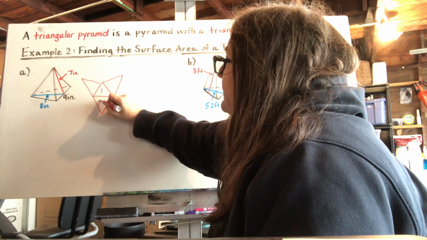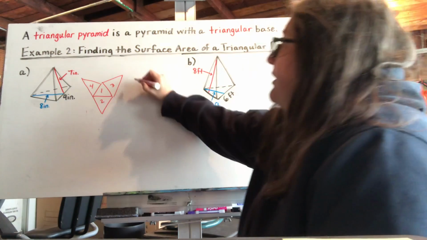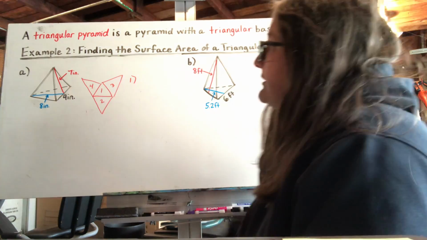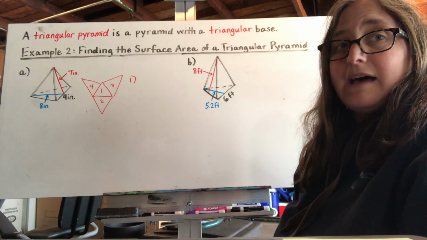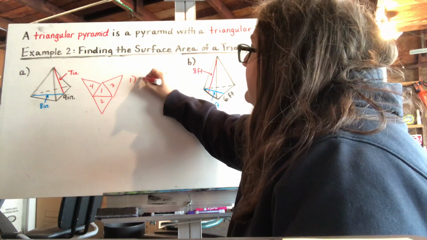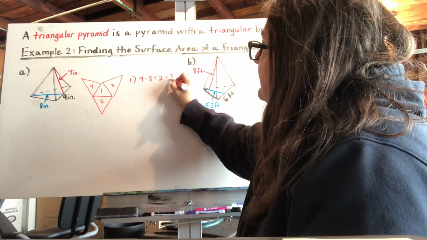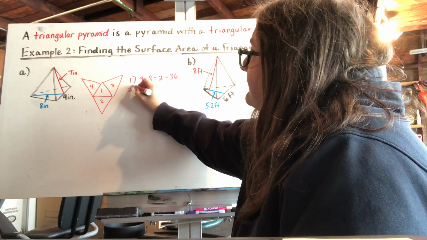So I'm going to label them 1, 2, 3, 4. Okay, so the first one is the guy in the center, the equilateral triangle, and that guy has a side of 9 and a height of 8. So I'm doing 9 times 8 divided by 2, and I get 36.